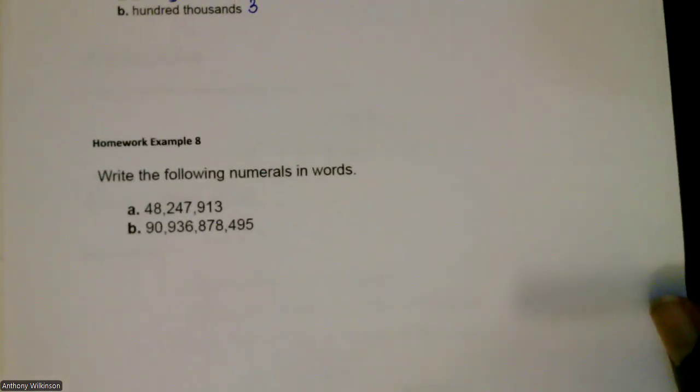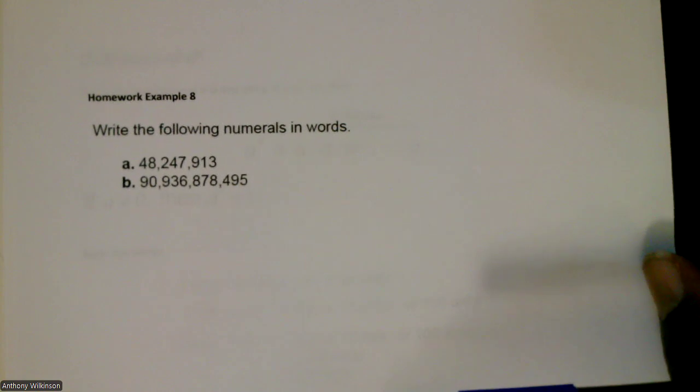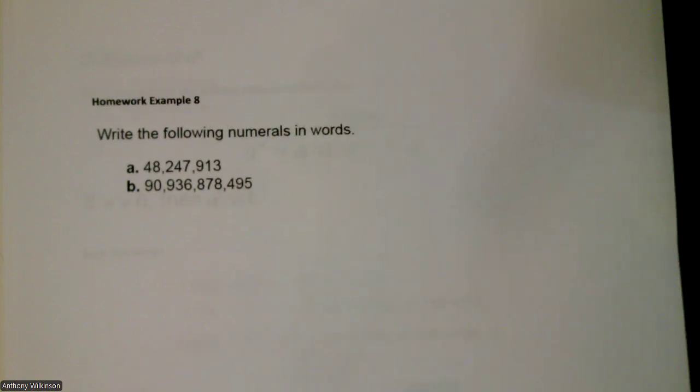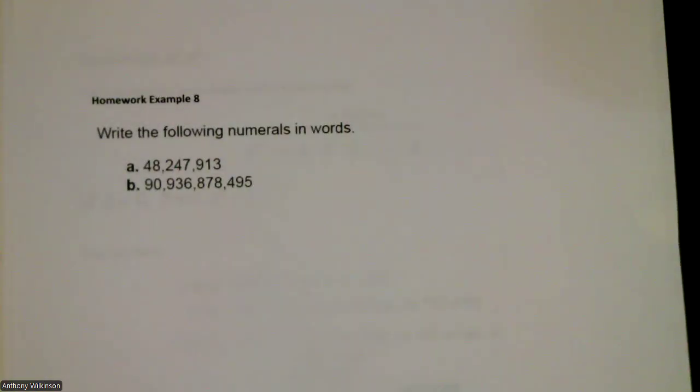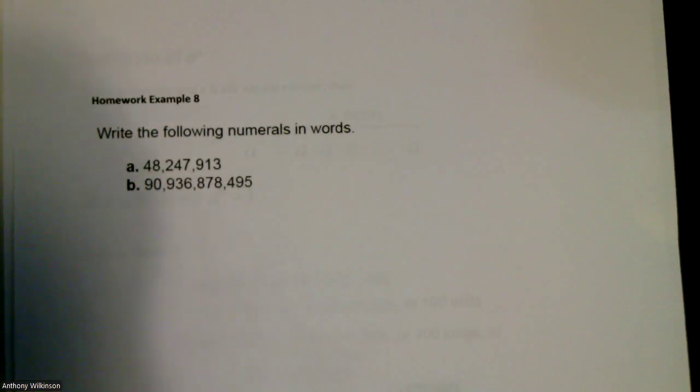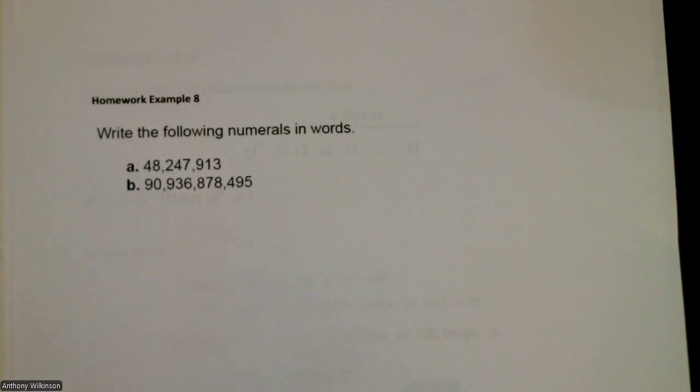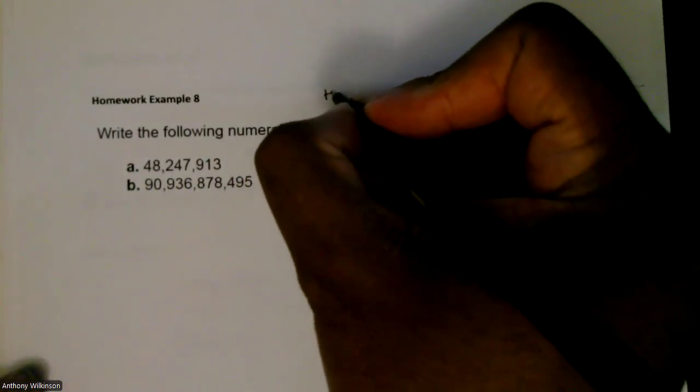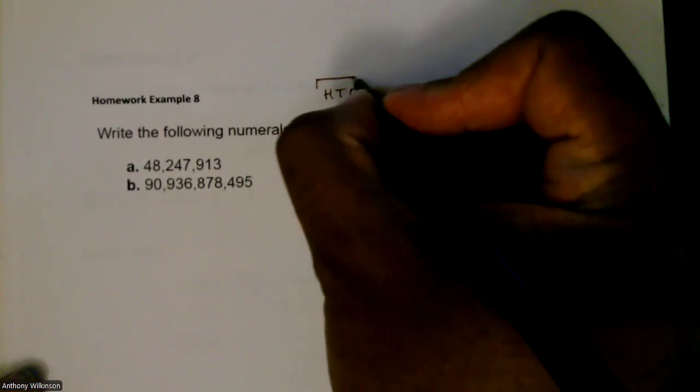Okay, now, example 8, let's say we want to write these numerals in the form of words. Starting with part A. Here we got 48,247,913. Okay, so this is where the place value chart comes in. Okay, so here I'm starting off with this. HTO represents hundreds, tens, ones, and usually you have periods.